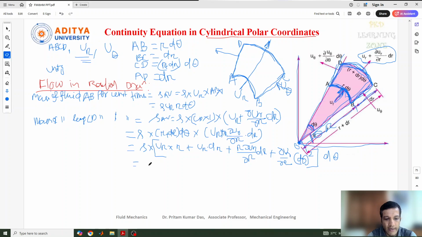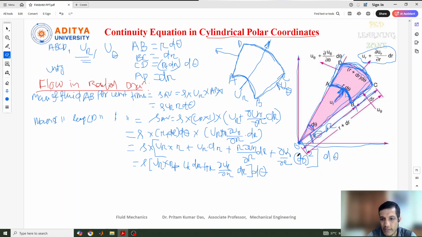So what we get next is rho into the bracket: ur into r, plus ur dr, plus r del ur by del r into dr, bracket closed, d theta.